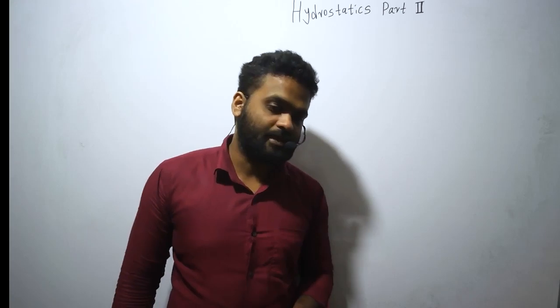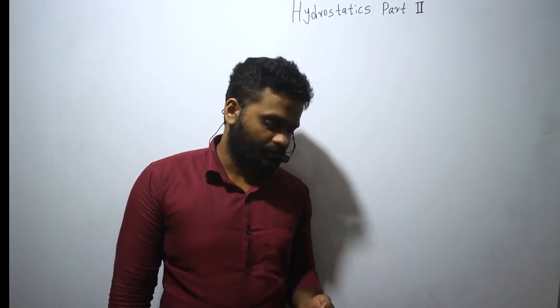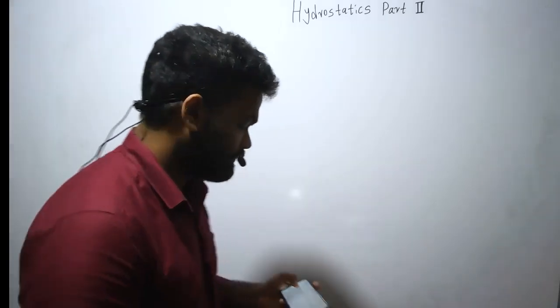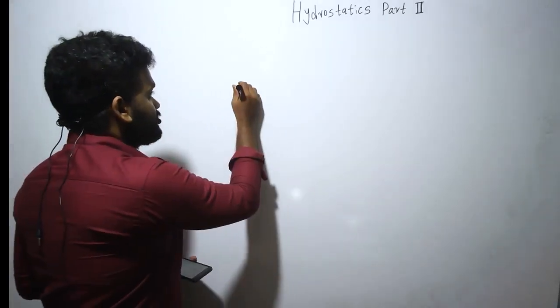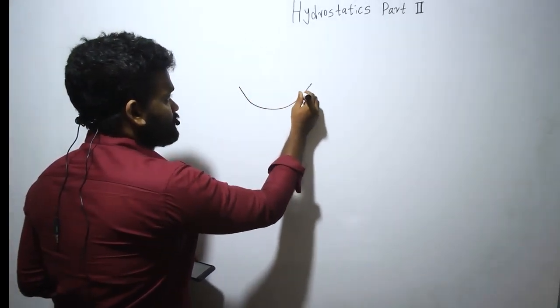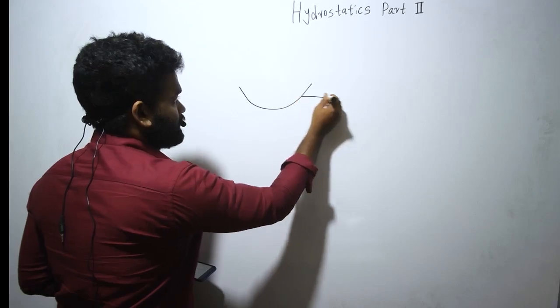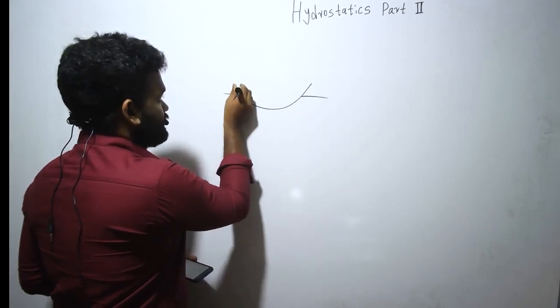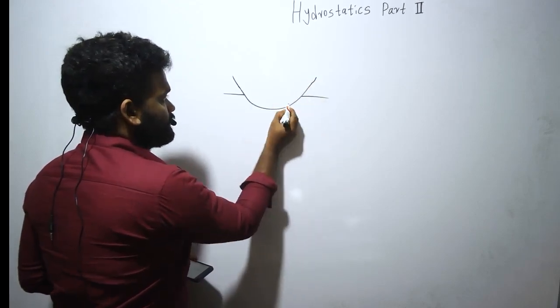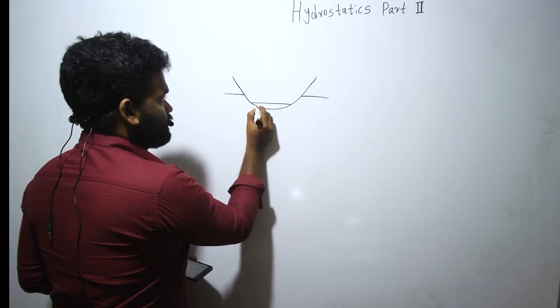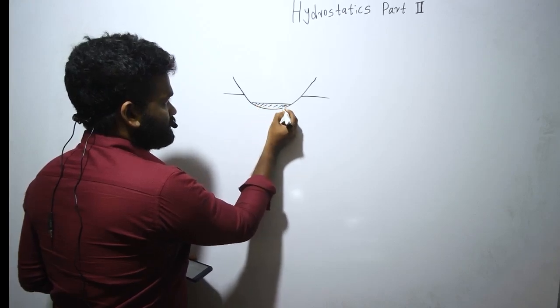0.1 cubic meter of water leaks into a boat floating in water. Let's say this is the cross section of the boat, and the outside water level is up to this level, and there's water leaked inside it.